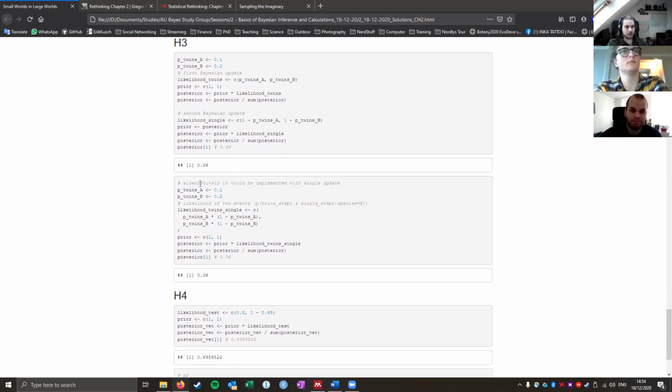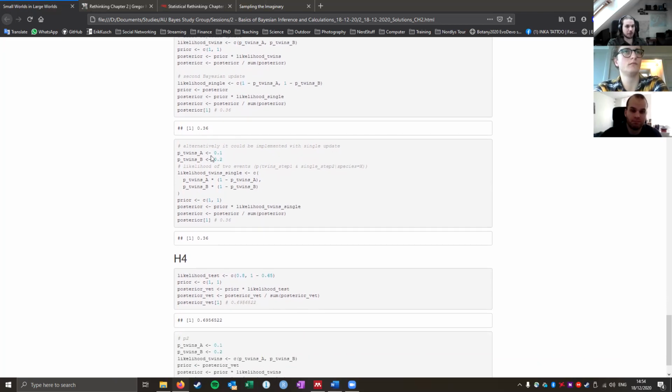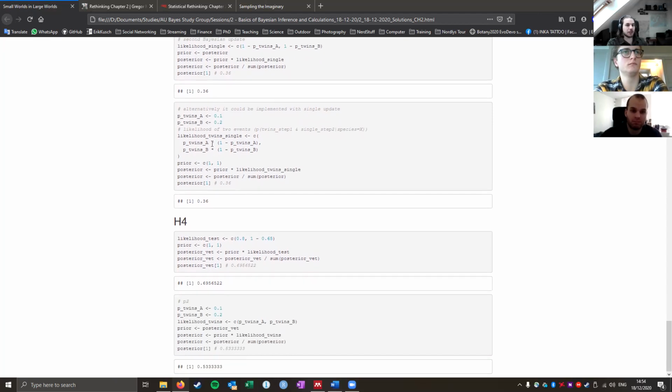We can also do this in one single update. If we just say probability of twins is 0.1, probability of twins is 0.2 for species A and B respectively again. Now we can also have the likelihood for twins and single being probability of twins in A times probability of single in A, which is just this path that we have.